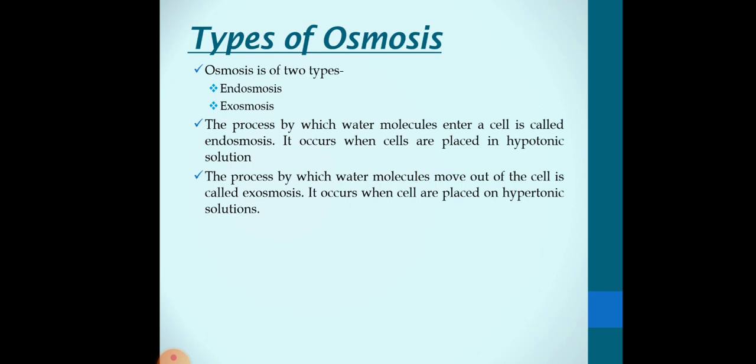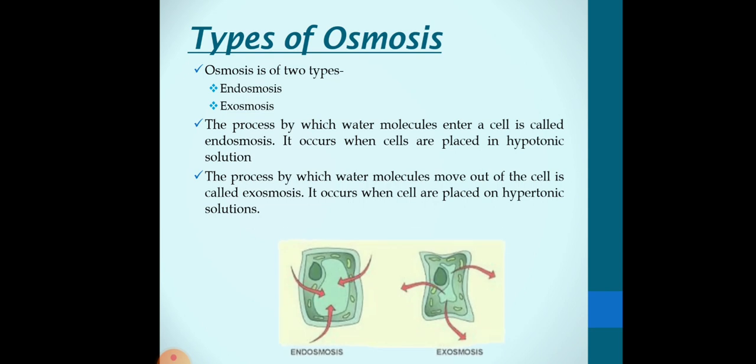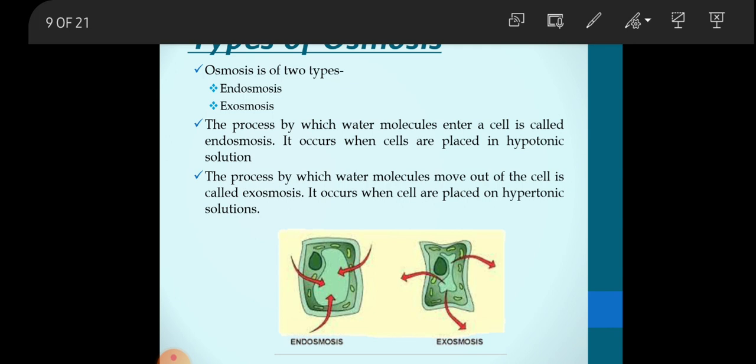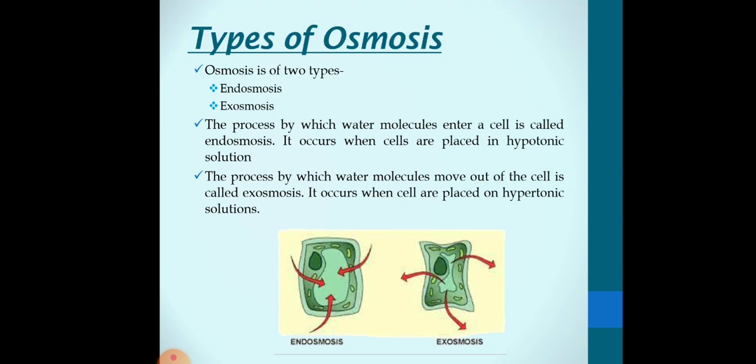Remember in the previous slide, the last diagram, I have shown you that the red blood cell shrank because water moved out of the cell. So here there is exosmosis going on. Clear? This diagram shows endosmosis, that means movement of water inside the cell, and exosmosis is movement of water outside the cell. Fine.